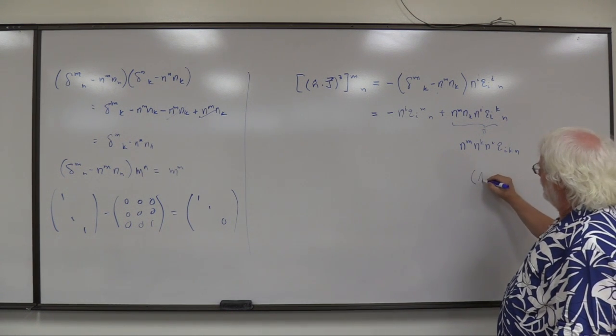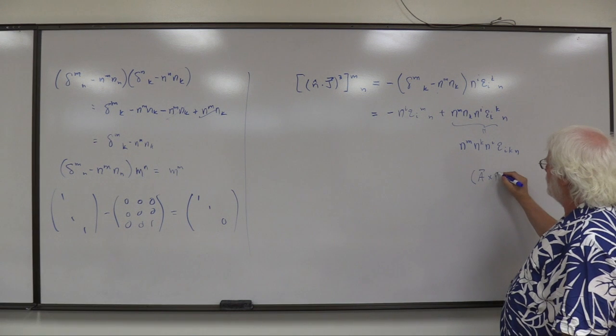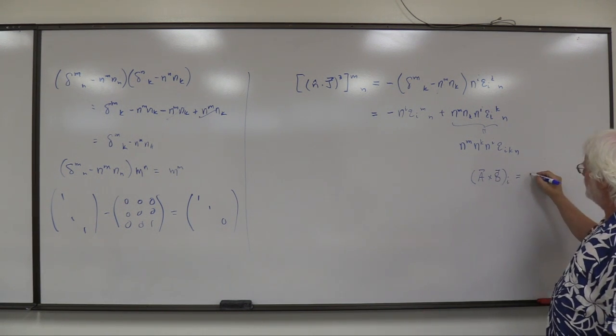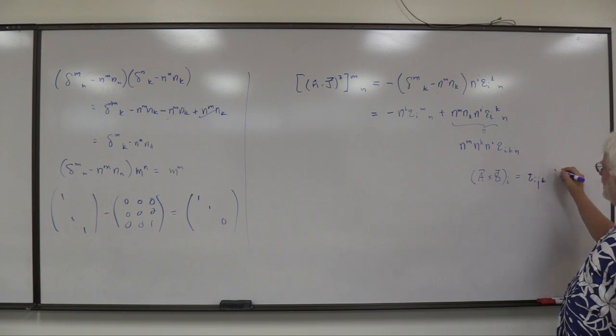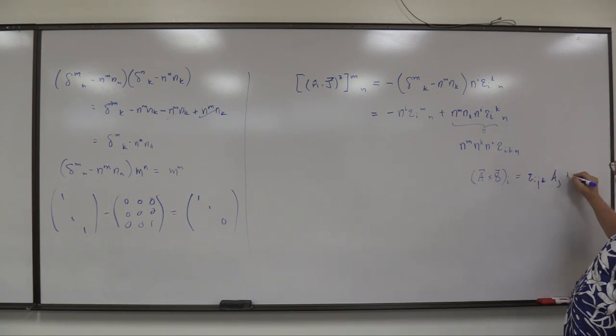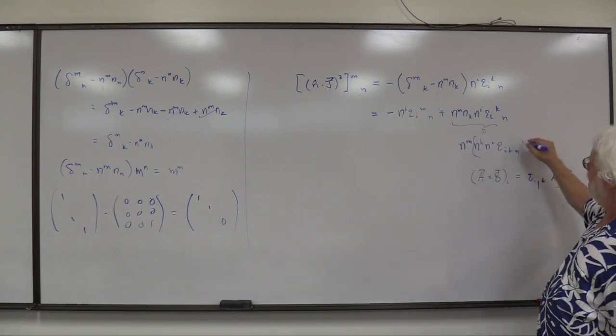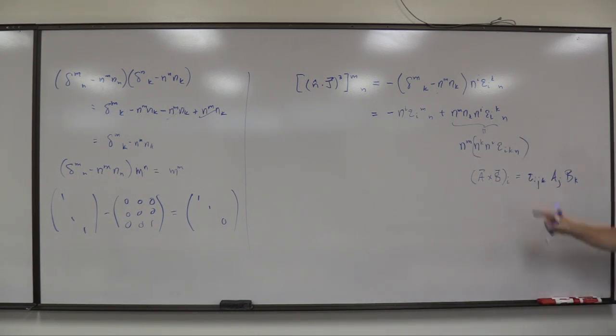Okay, let's try this. The cross product of A and B, the i component can be written as epsilon i j k A j B k. That does the anti-symmetrization, gives you each component. So we know this. Look at that.